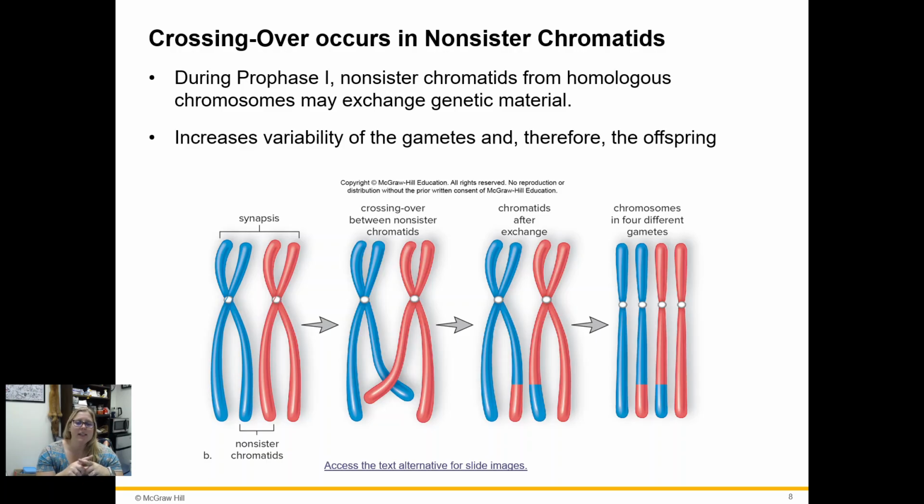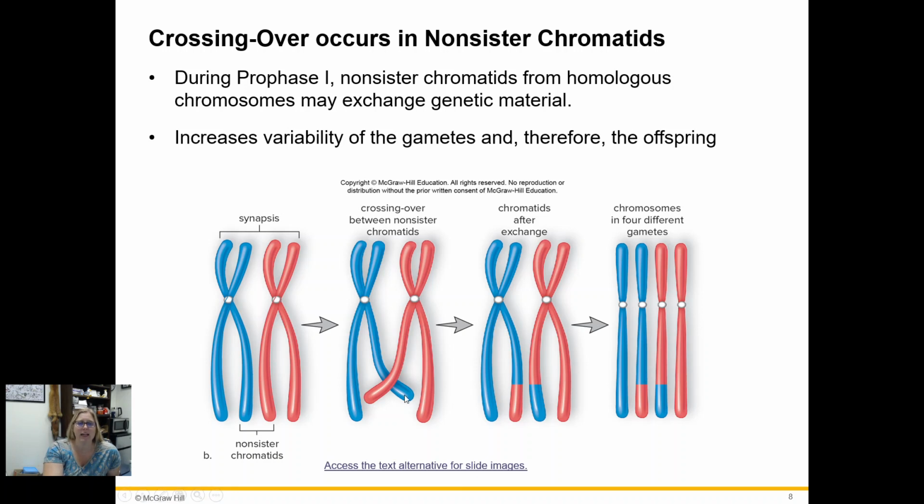That synapsis will actually result in an exchange of genetic information. So when my non-sister chromatids exchange genetic information, I now have chromosomes that have chromatids that are no longer identical. And we call this recombinant DNA. So this DNA has been recombined, right? The homologous pairs have exchanged information.